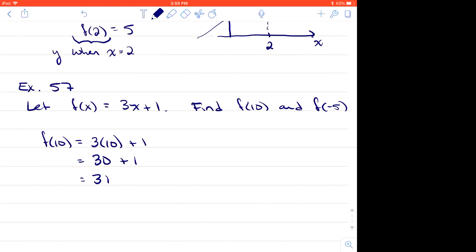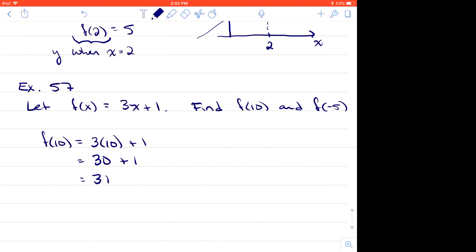Exactly. So evaluate the function at x equal to 10. But f of 10 is just way shorter to write. And that's why we need to learn it, because it's just shorthand.